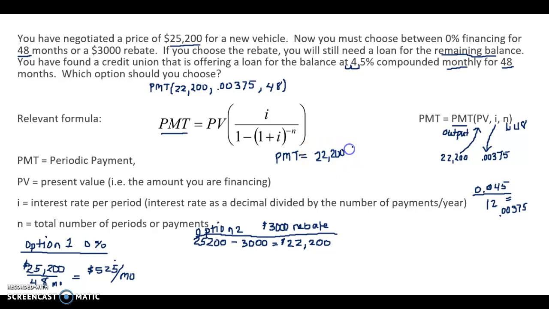So I have 22,200. I have this huge parenthesis. Up top I have 0.00375, and then I have a fraction bar, 1 minus parenthesis 1 plus 0.00375 to a negative 48 and end my parenthesis. Now on the graphing calculator we can type this almost exactly as it is written.